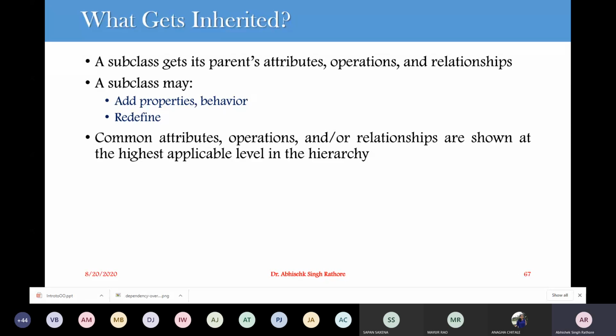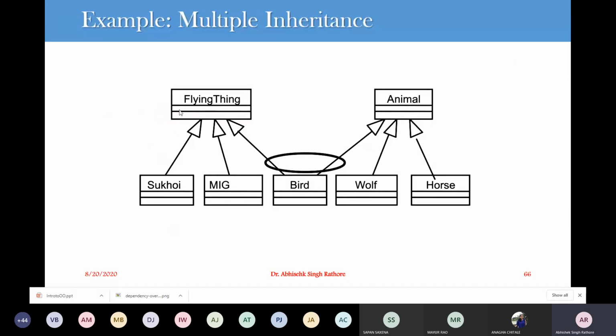This approach is a generalization, while the reverse of generalization is specialization, where this flying thing is a general class, and Sukhoi, MiG, or bird is a specialization of this flying thing. So specialization is also an is-a-kind-of relationship, in the reverse direction of the generalization.